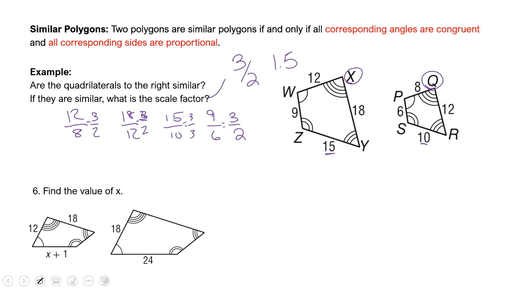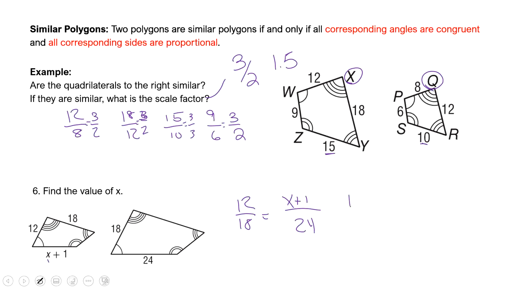Remember as well, you're going to be given shapes. We're going to be solving for x. So in our example here, my corresponding sides are 12 over 18 is going to equal x plus 1, my side for that triangle, over 24. I know we worked on this one yesterday. We found that x was 15, so you just cross multiply everything.